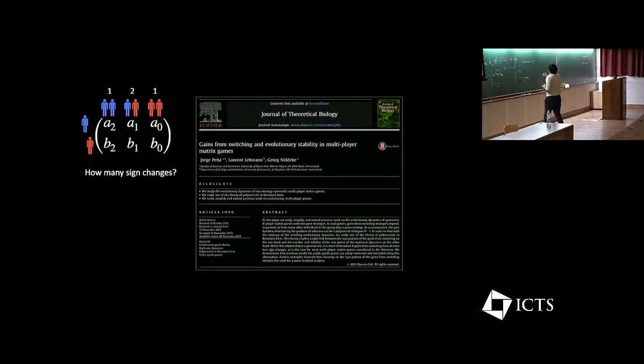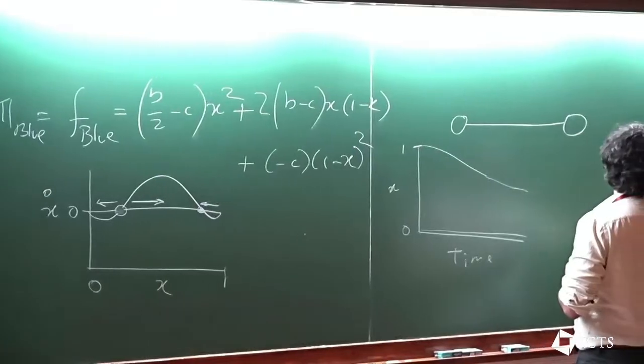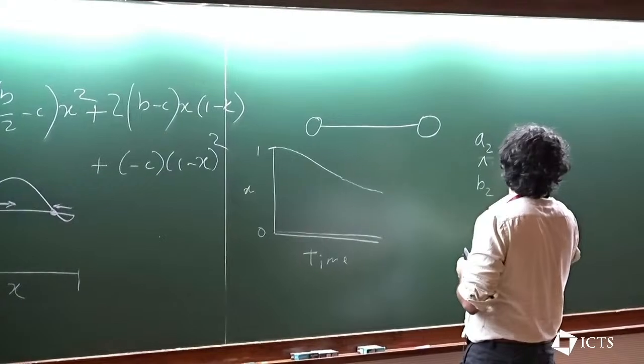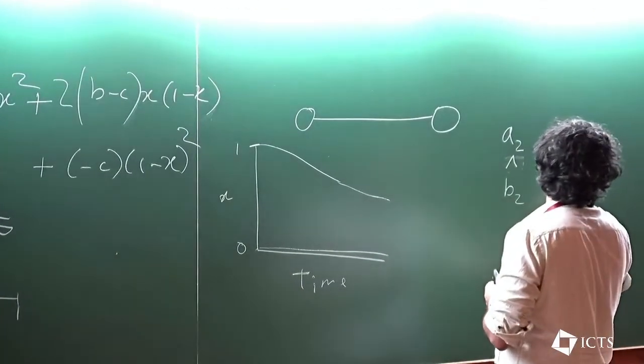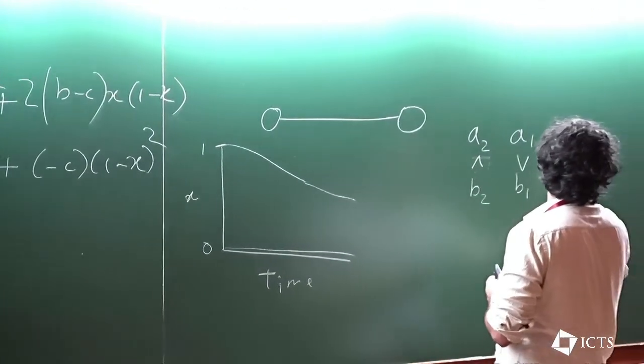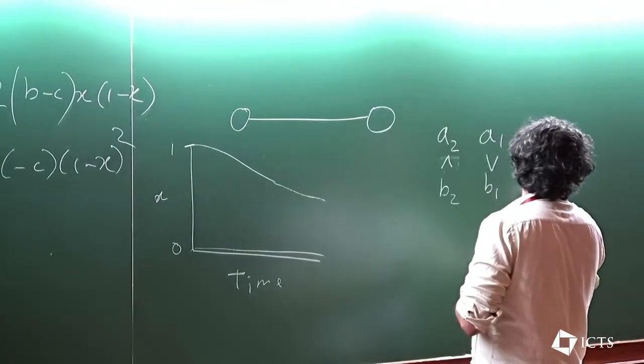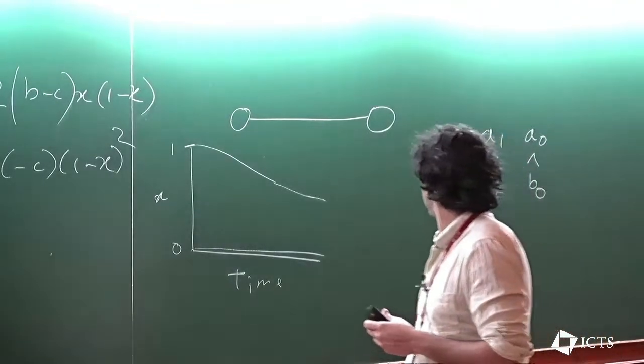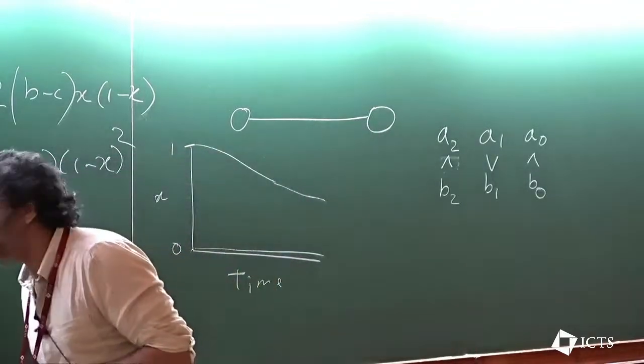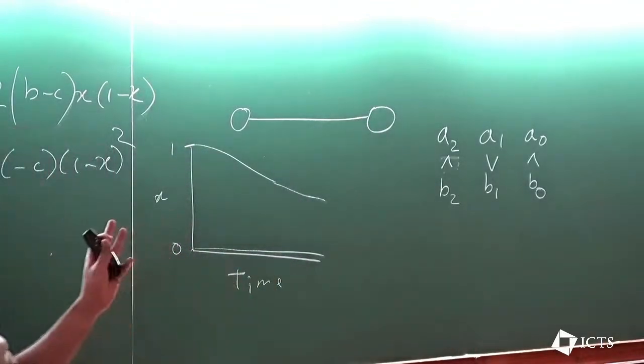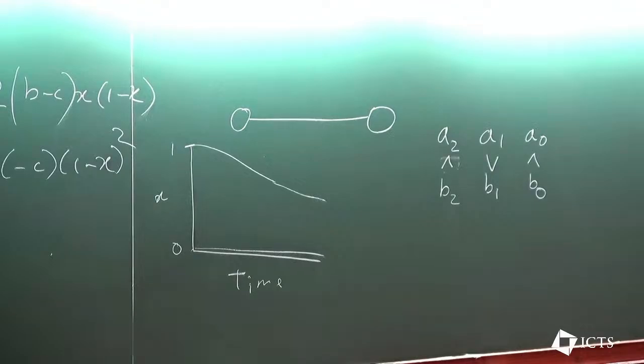If you do that, we do have A2, which is larger than, no, the other way around: B2, A1, which is larger than B1, but then A0, which is worse than B0. And if you look at the setup of this, you see that the signs of inequalities between the payoff entries have changed twice.